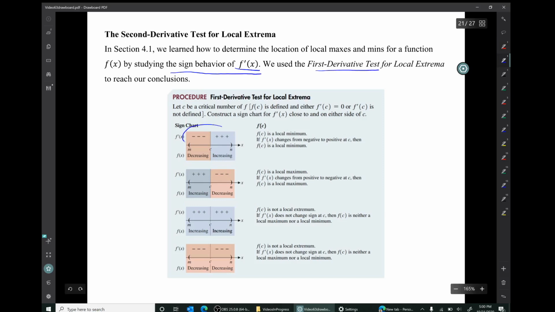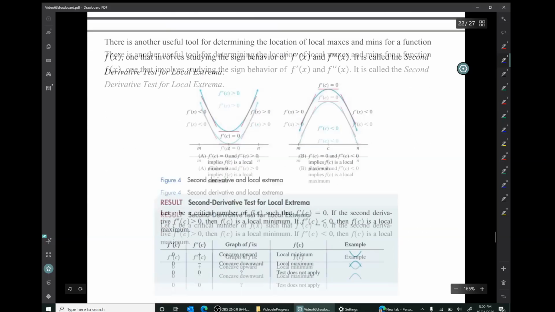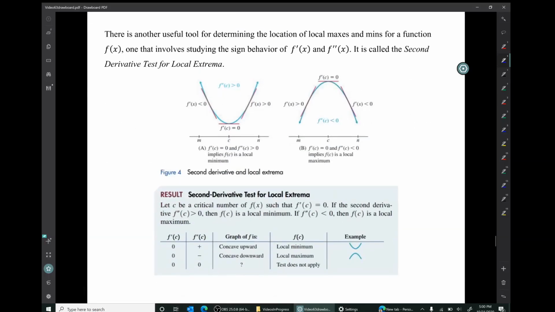We looked for behavior like this in the sign chart for f prime, places where f prime changed from negative to positive or from positive to negative. There's another useful tool for determining location of maxes and mins. This one involves studying the sign behavior of f prime and f double prime. This is called the second derivative test for local extrema.